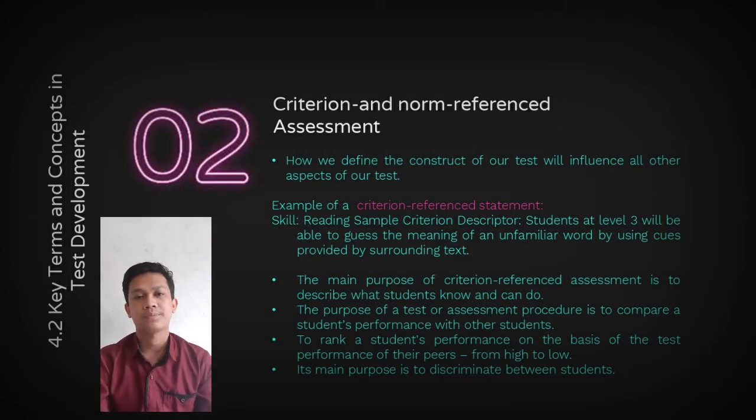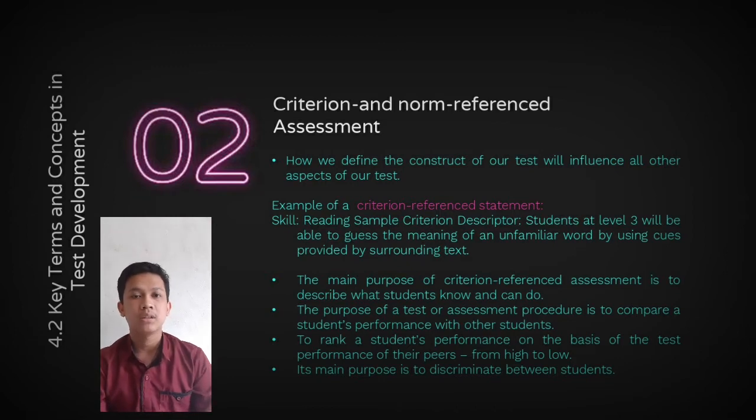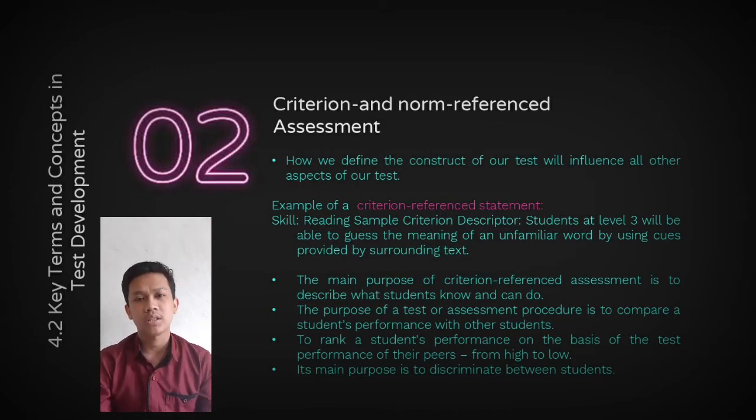Sample criterion descriptor: Student at level 3 will be able to guess the meaning of an unfamiliar word by using cues provided by the surrounding text. So that's an example of a criterion reference statement. And then it raises a question. Now, why are criterion and norm reference assessment important? What is the purpose?